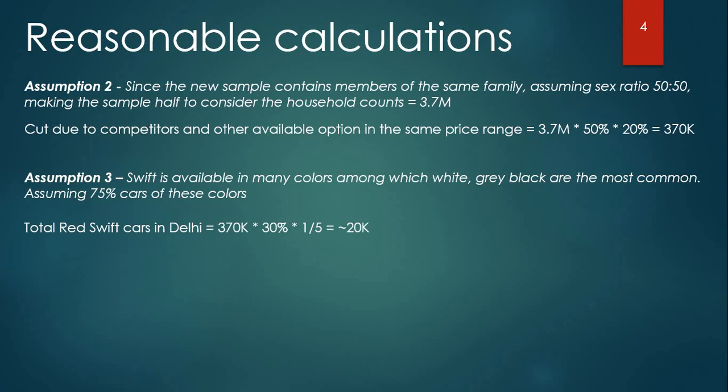So considering there are 5 other colors, this gives us a conclusion that 370k when multiplied by 30%, which is the share of other colors other than the common colors, and multiplied by equal distribution of the 5 colors, which means 1 by 5. So we get an approximation of around 20k here. So we can say that is the estimated number of red Swift cars running in Delhi at this particular time.